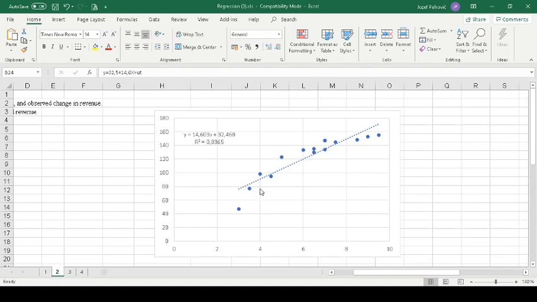Advertising cost equal to 4, predicted revenue will be at this level. And the linear function suggests also that with decreasing advertising costs, revenues will also decrease. So for example, if advertising costs are equal to 2, expected revenues would be somewhere over here on the linear function. And also in case of the linear function, if advertising costs were equal to 10 or more, it would expect a linear increase in revenue.